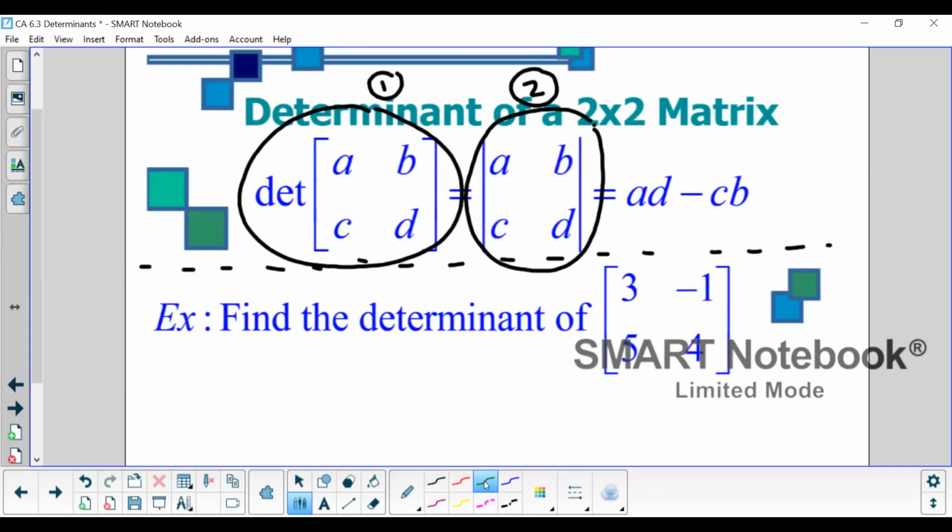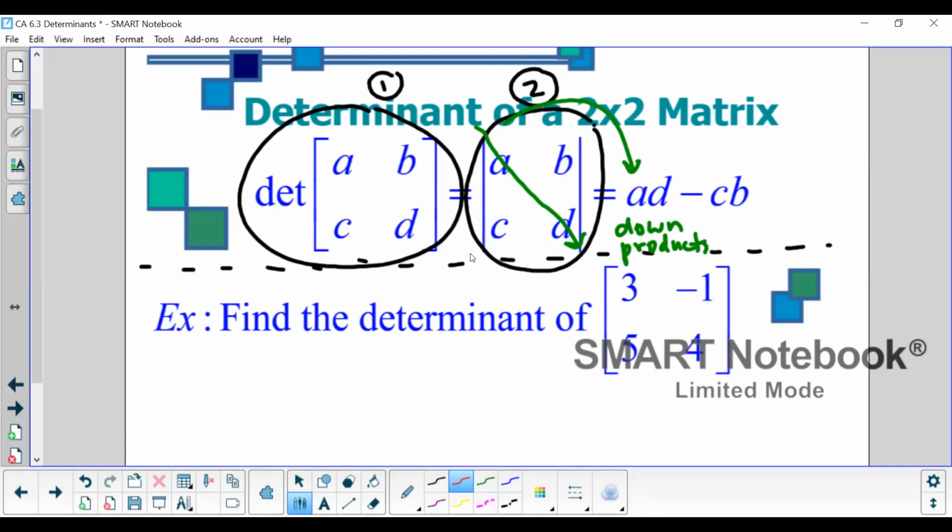down. So this is the diagonal that goes down. When you multiply those together, you get AD. So that's the down products. Minus the product of the diagonals going up.